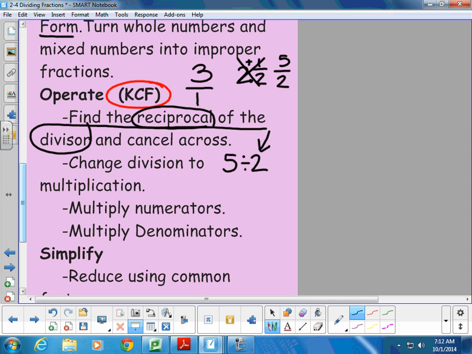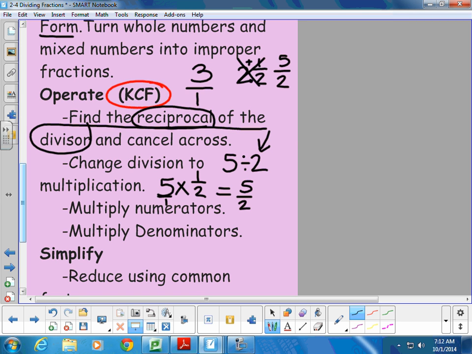Same as multiplication. So really what you do is change division to multiplication. In this case, 5 is a whole number, so I leave 5 alone, keep, change the sign to multiplication, and flip the second one to its reciprocal. I can't really cross cancel in this case, so I would multiply my numerators, 5 times 1, and 1 times 2.